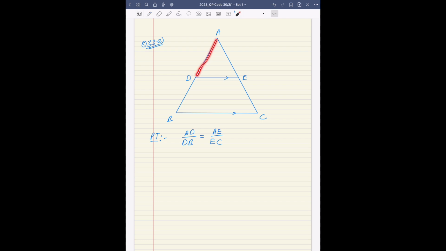In short, the ratio of their sides is equal. This is what we have to prove.